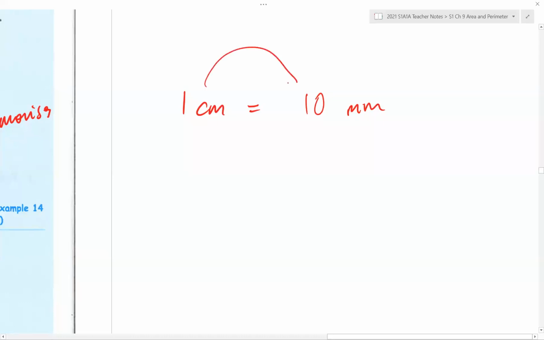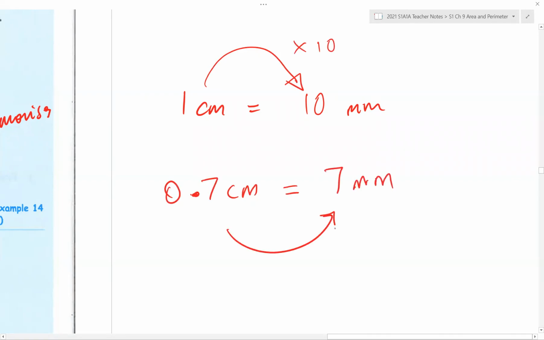So what is the relationship over here? Times 10. So what if I have 0.7 cm? So how many mm? 7 mm. What do we do? Times 10. Simple? Simple or not?